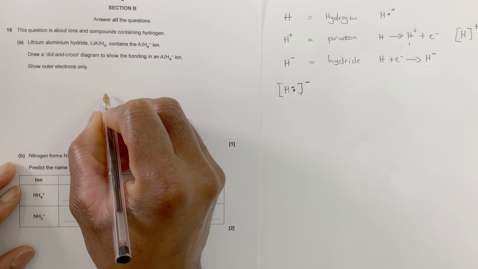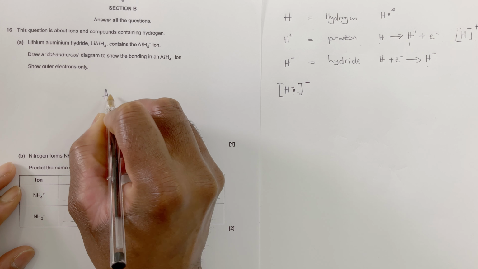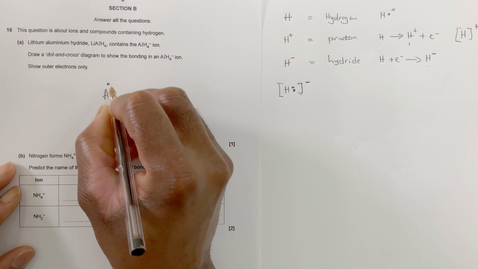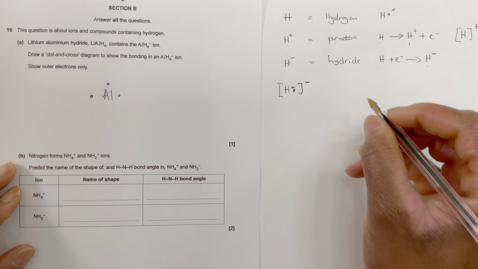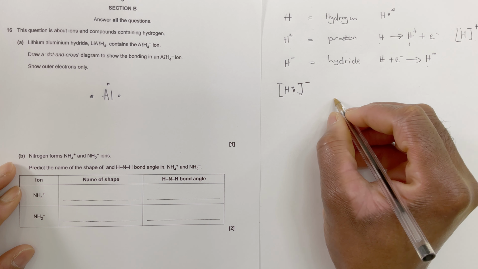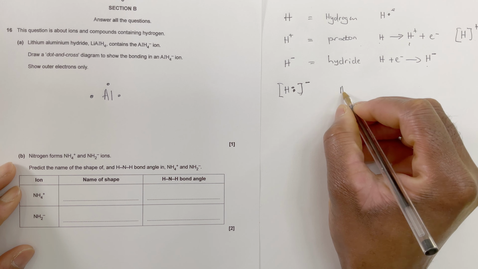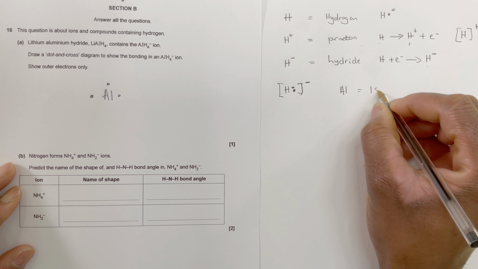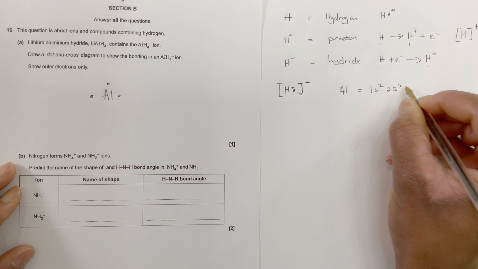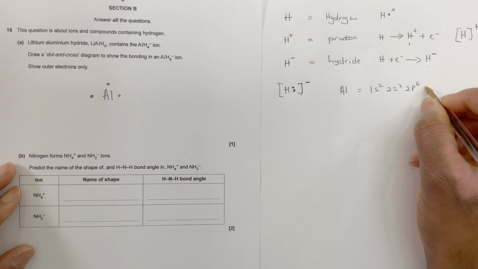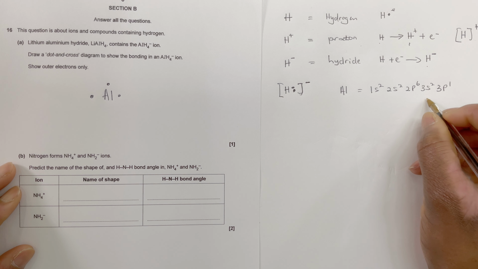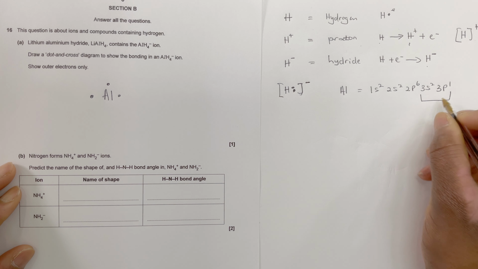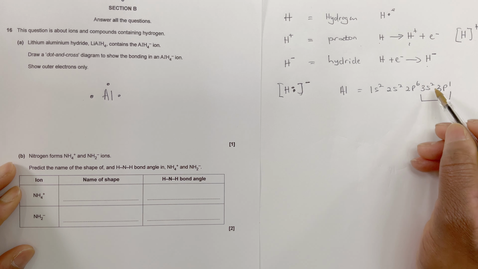So aluminium has 3 electrons in the outer shell, 1, 2, 3. In fact, the electron configuration for aluminium is 1s2, 2s2, 2p6, 3s2, 3p1, which means this is the outer shell. So we're using the 3 outer electrons.